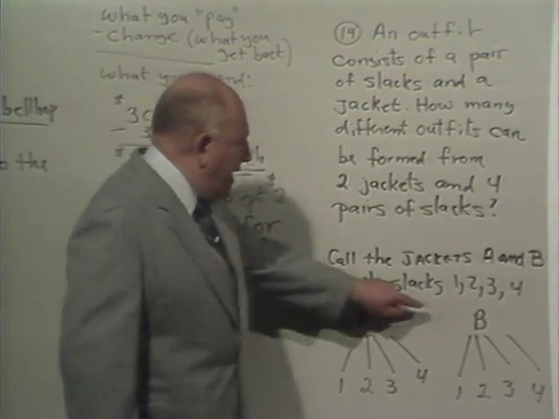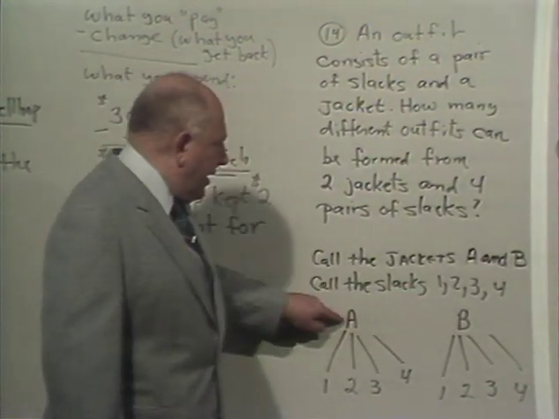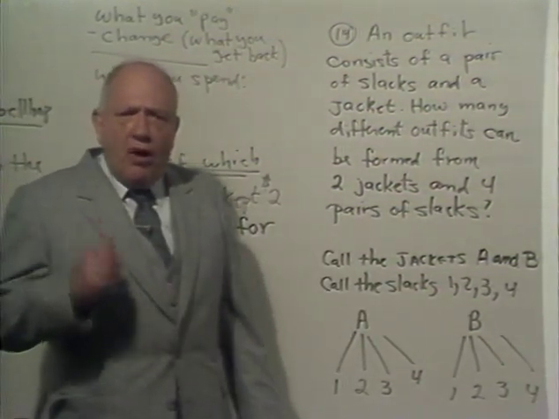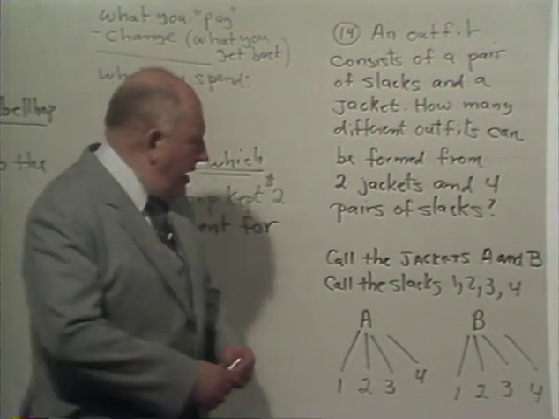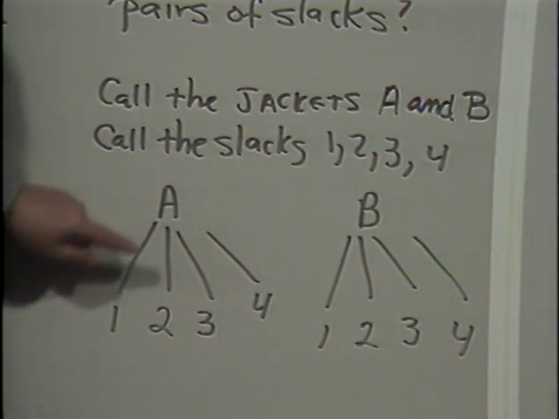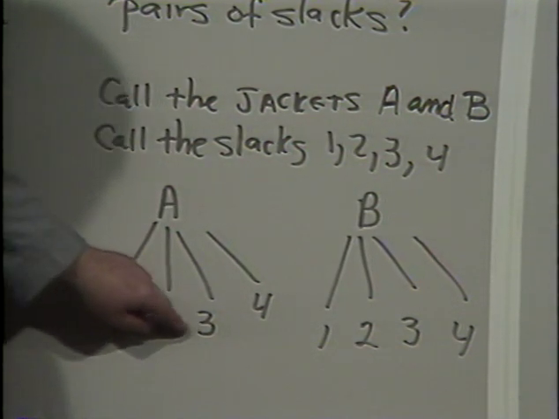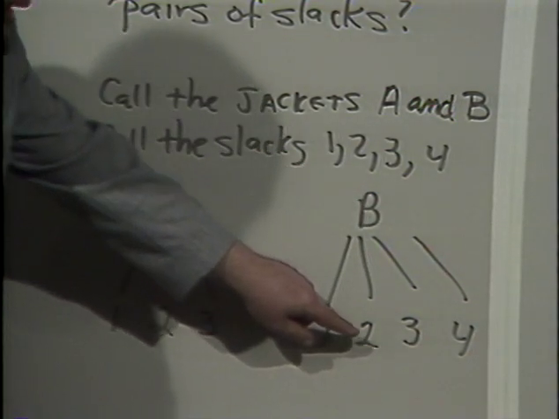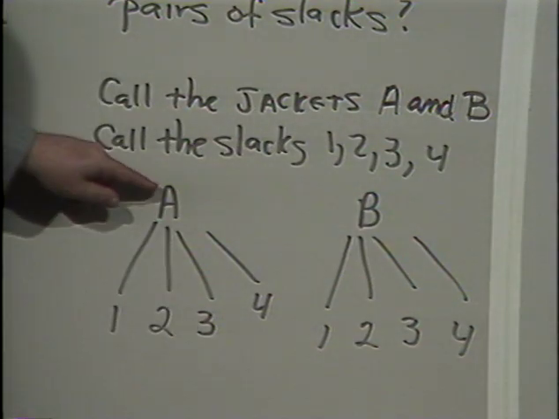The person can pick either jacket, can't he? He can pick either jacket A or jacket B. Once he picks the jacket, can't he still pick any one of the 4 pairs of slacks? He can pick jacket A and match it with slacks 1, 2, 3, or 4. Or he could have picked jacket B and matched it with slacks 1, 2, 3, or 4. In other words, there are 8 combinations.